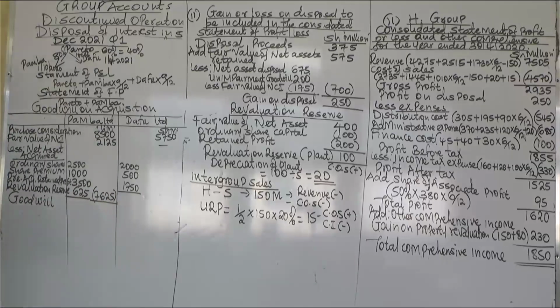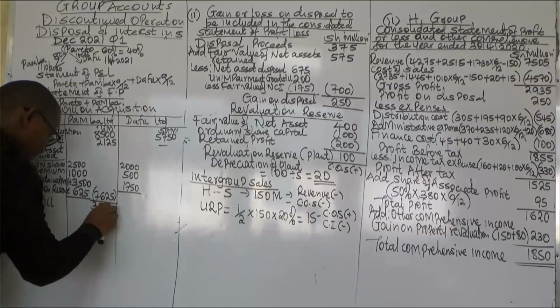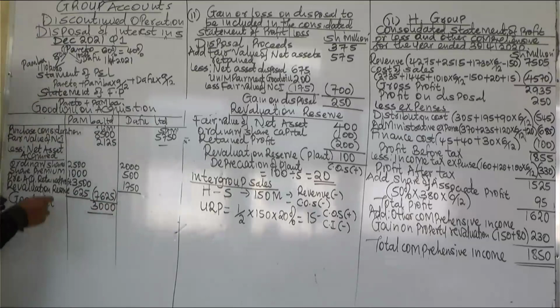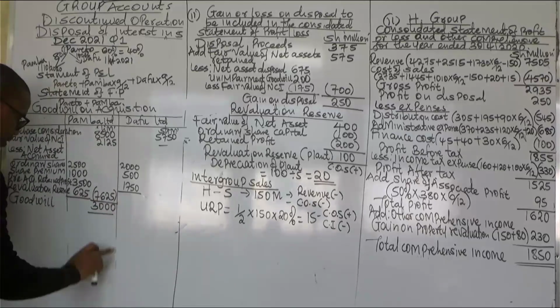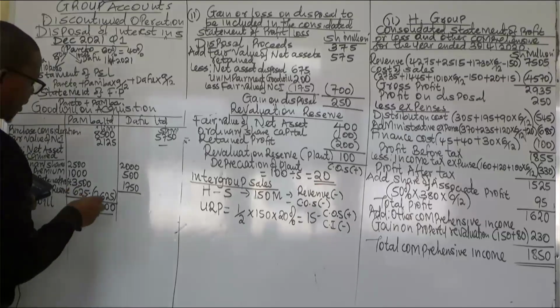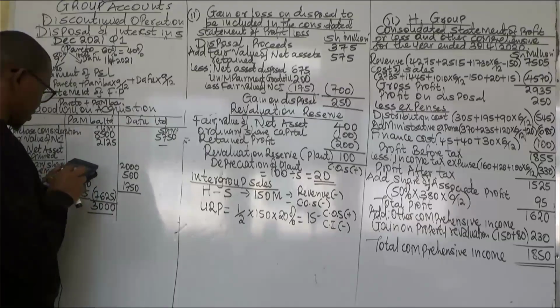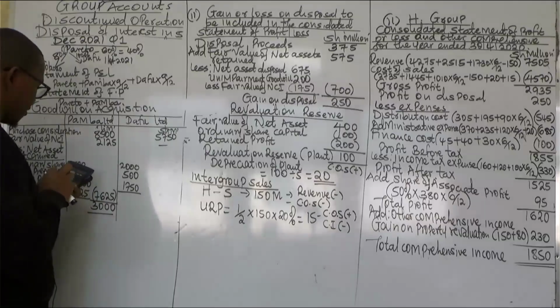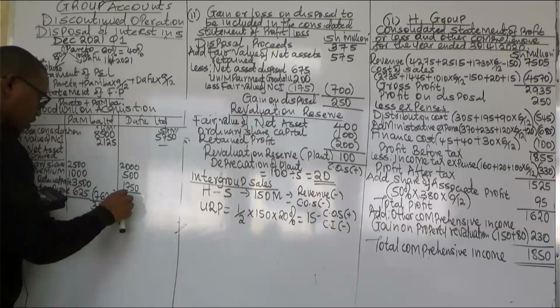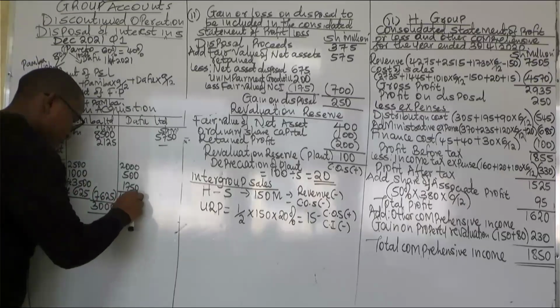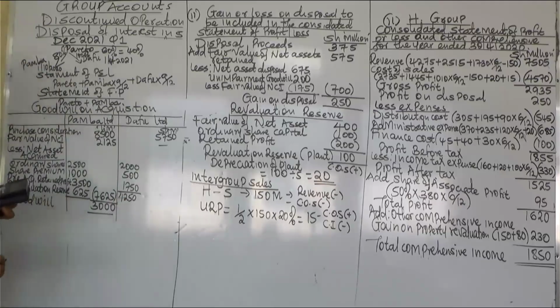So what will be our goodwill? Goodwill here will be 8,500 plus 21.25 minus the answer. This will be 3,000. Here there was no impairment of goodwill. So here it will be 22,000. I will add 500 plus 17.50. So this is 42.50. Here we only consider the parent shareholding.